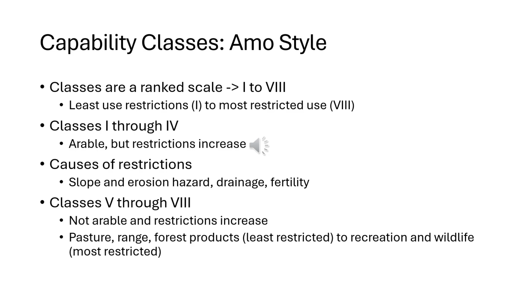As you move to 8, you have more and more restrictions, and eventually you end up to where that land really is suitable to use as recreation or wildlife or even like watershed management, things like that. You're not able to use it for any type of grazing or forest products for the same restrictions as above.